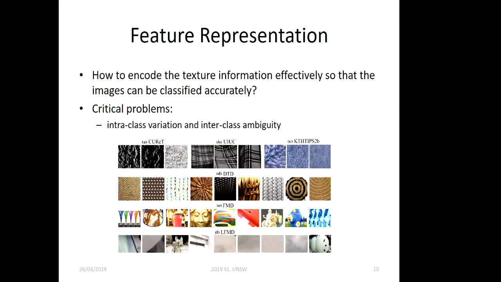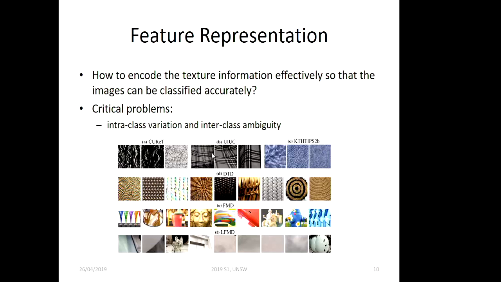So it's difficult to tell which images belong to the same class and which belong to different classes. That is called the intra-class variation and inter-class ambiguity problem. Intra-class means within the same class, and inter-class means between different classes.